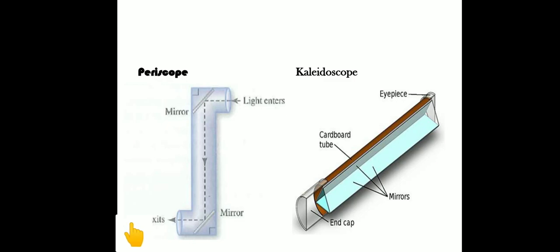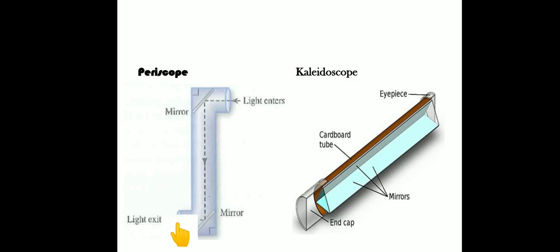If our eye is placed here, we can see the thing which is placed here. So the light from an object hits the first mirror, comes to the second mirror, and then also reflects back and reaches our eyes, from where we are able to see the object. So this is how a periscope works.